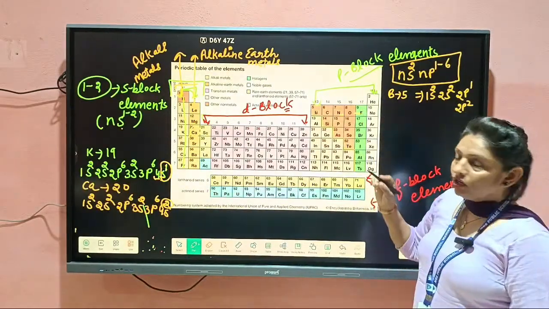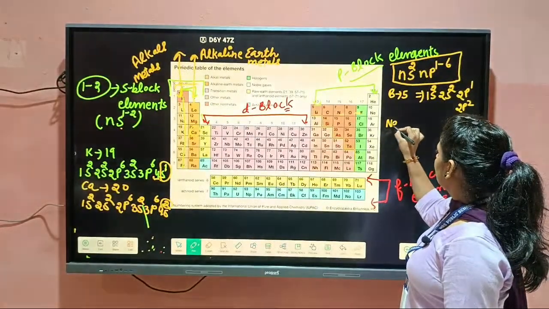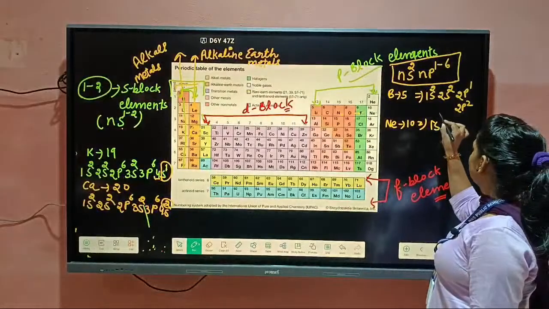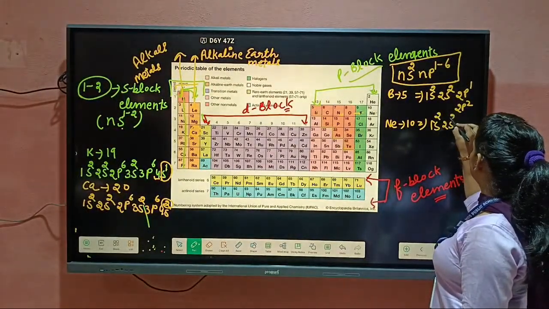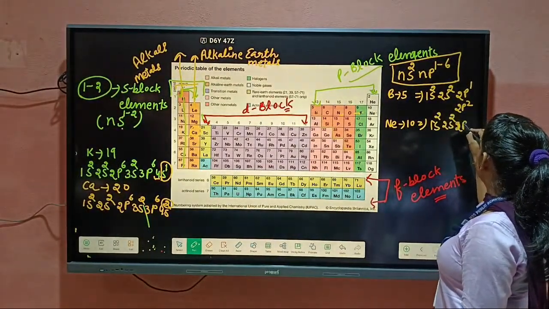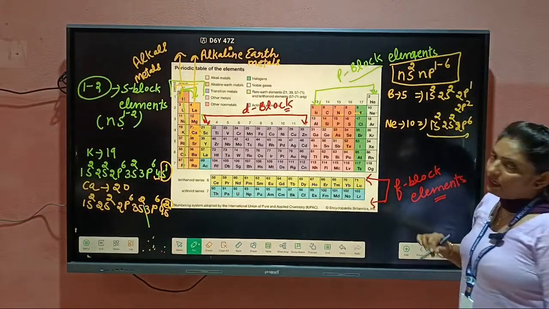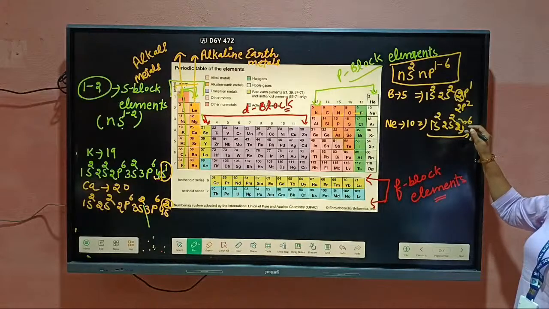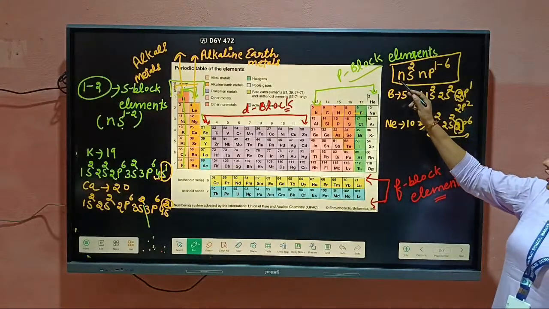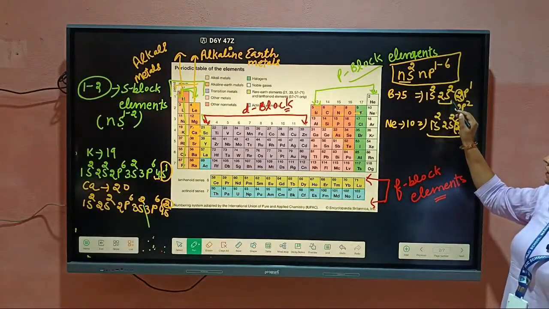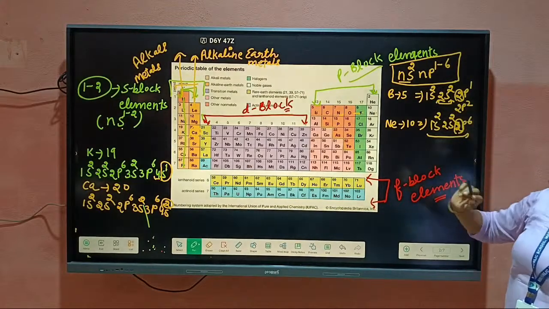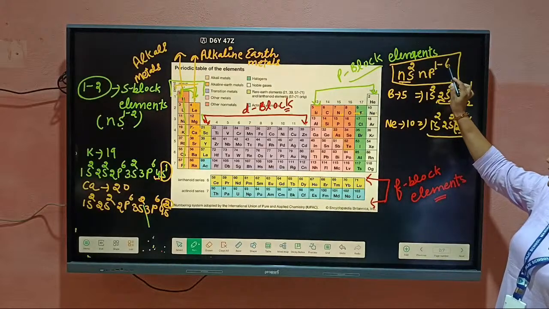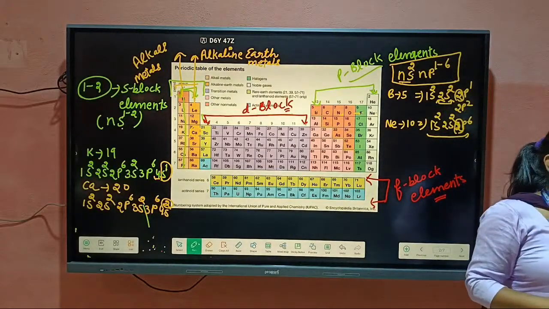And for neon, 1s2, 2s2, 2p6. Here n is 2. So in S there are 2 electrons, ns2, and in P there may be from 1 to 6 electrons.